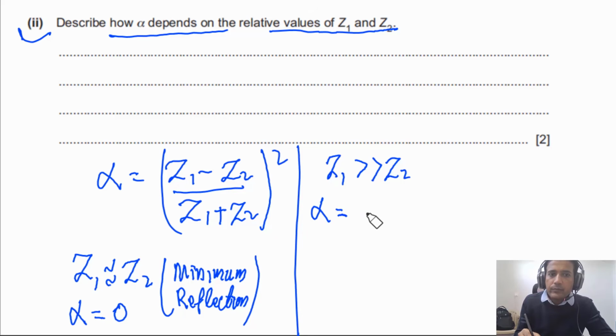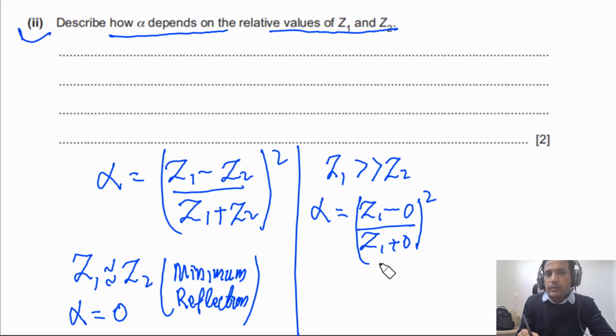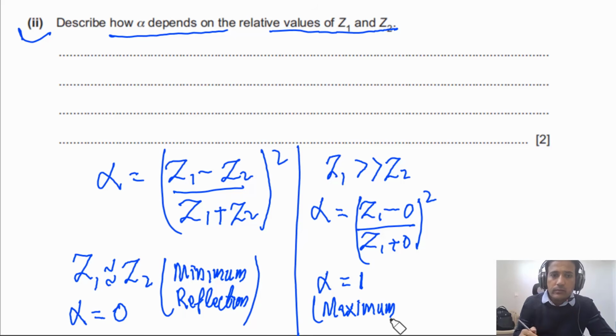Then alpha will be equal to Z1 minus 0 divided by Z1 plus 0, squared. So in this case alpha will be equal to 1, which means maximum reflection. Most of the ultrasound waves will reflect back. So we can say maximum reflection.